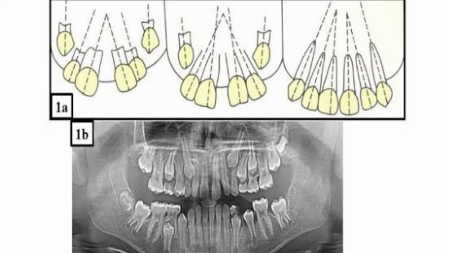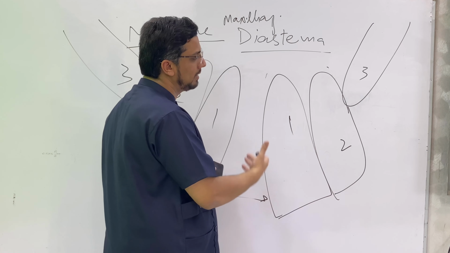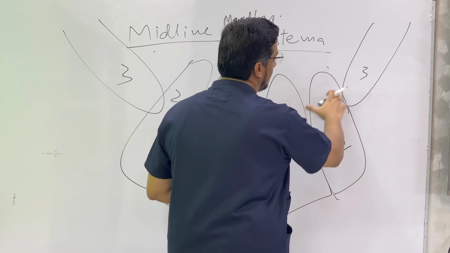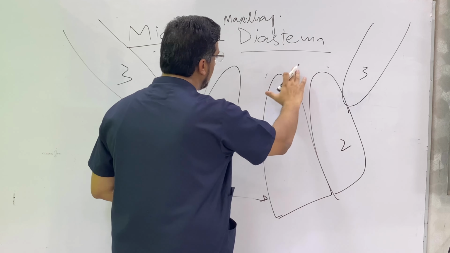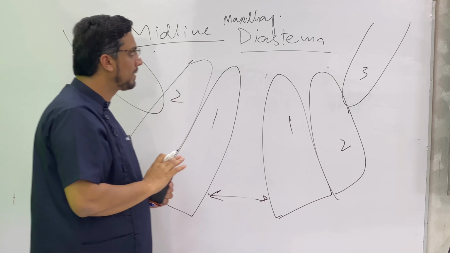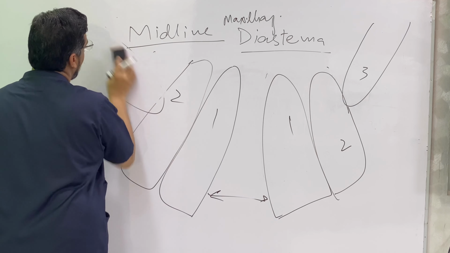This can be confirmed radiologically with a periapical X-ray or an occlusal radiograph. You will see the canine root in touch with the lateral incisors, and you see the convergence or mesially inclined roots of the central incisors. So that is one reason for the diastema, and this is pretty much normal.